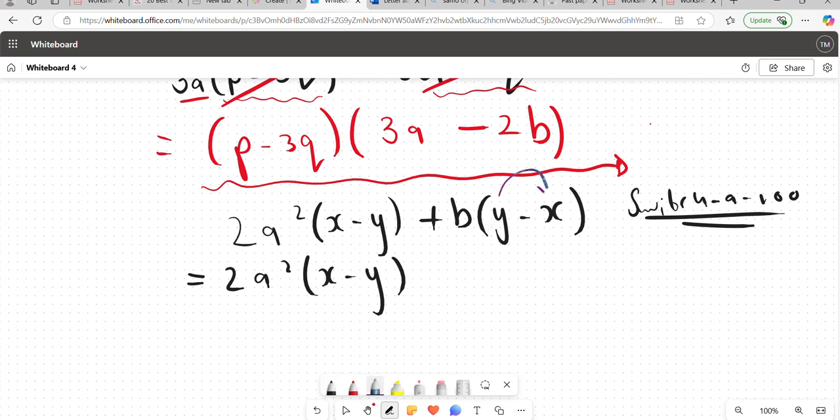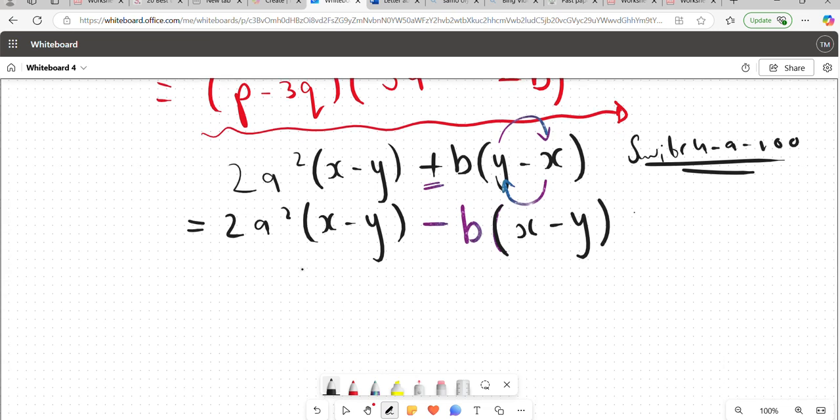I mean I'm just going to change the position of these guys. I'm going to keep that minus, change the position of those guys. But if I do that, one fundamental thing needs to happen. The sign outside needs to change. So it becomes a negative, and inside my bracket, I will have the x that is being subtracted by the y. I hope you guys can see how switcheroo works.